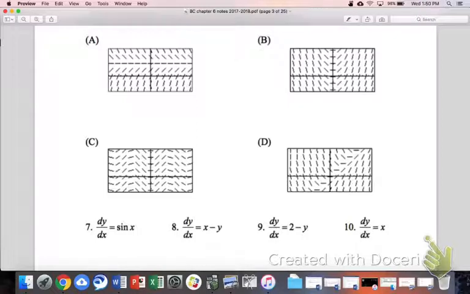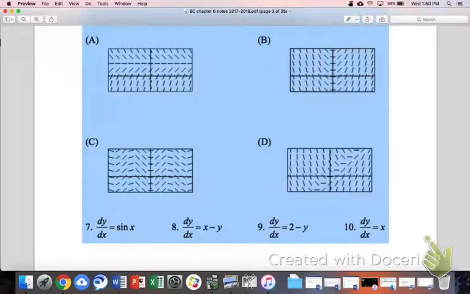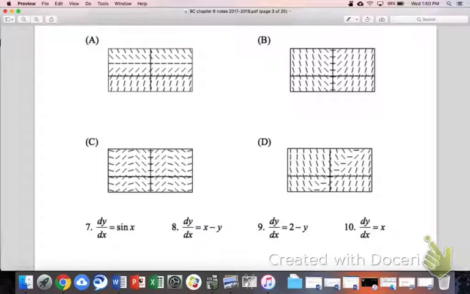Lenny, what do you think about number 7? What did you match 7 to? Okay, why did you pick C for number 7? Because the other sine is the only one where the slope decreases, increases over time. That C is. Sure. Yeah, so you obviously see a cyclical pattern, periodic pattern with that. I think there's some other reasons you could list. Anybody see anything else?